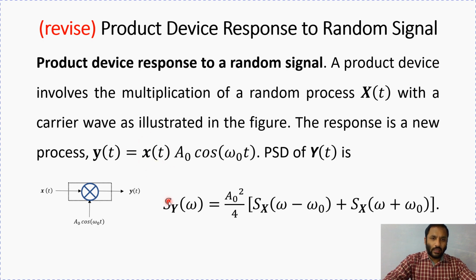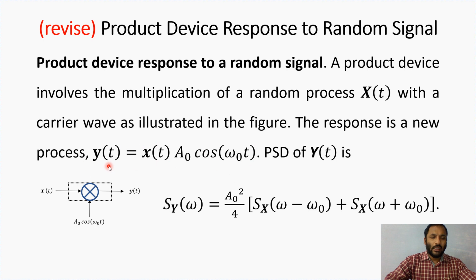Now that means this function y of t should be something like a cosine, but on top of the cosine there is a message signal. The amplitude of this cosine has that message signal x of t. So x of t is sometimes called the message signal, and the cosine is called a carrier signal, and this kind of modulation is called amplitude modulation.